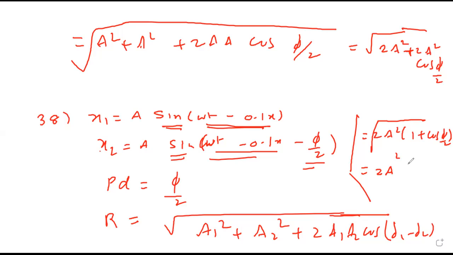What is 1 plus cos 5 by 2? Any formula anybody knows? Just copy this much first, then I'm explaining the formula for cos 2a.